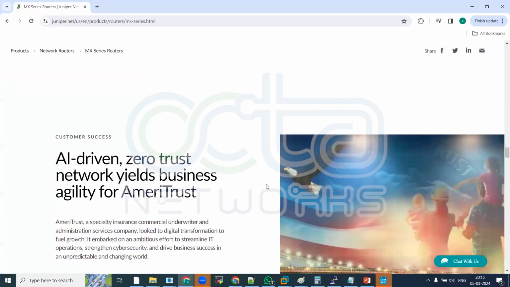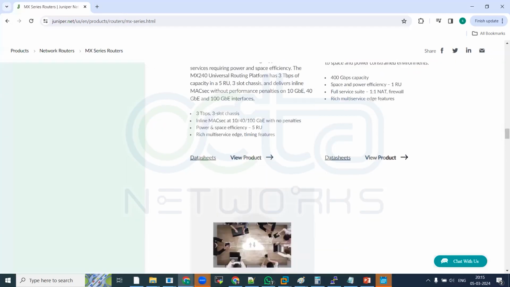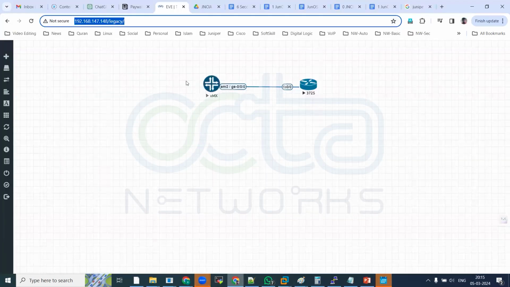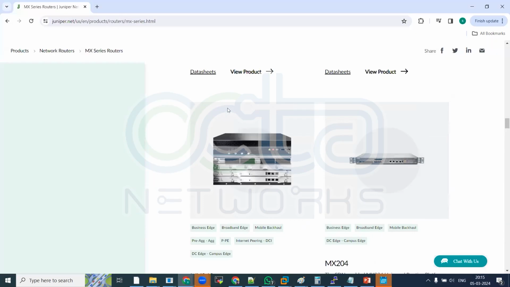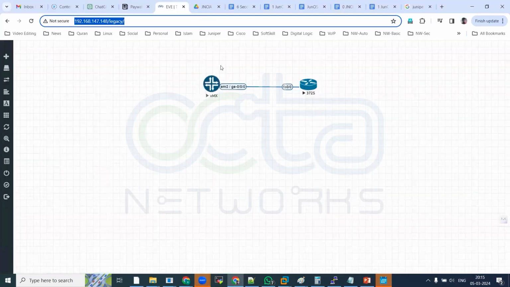And these devices are also available on the virtual platform, that is vMX, right? So here I'm using vMX. This is a virtual image available for the MX series routers. Obviously, this is a lab-based device, so it will not have much capacity. In terms of capacity it is very low end, but it is good enough for our practice.